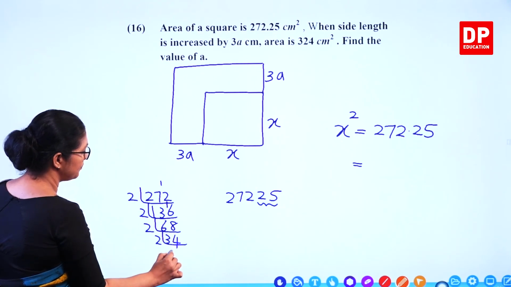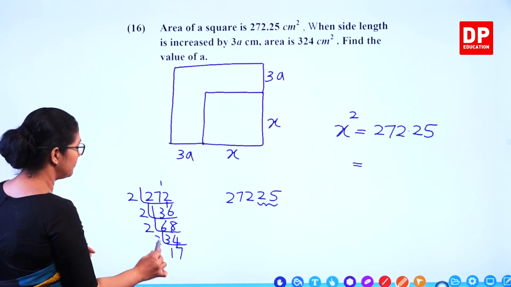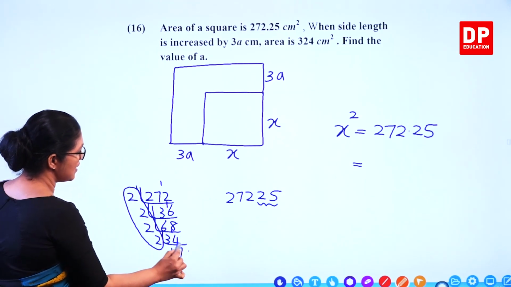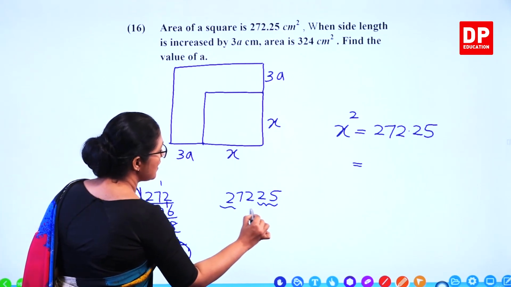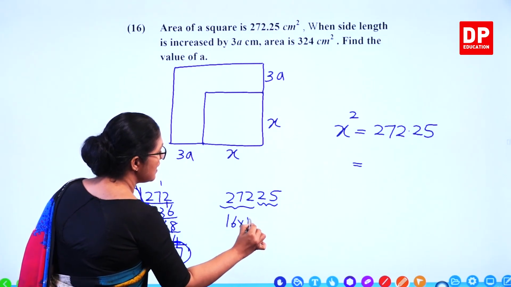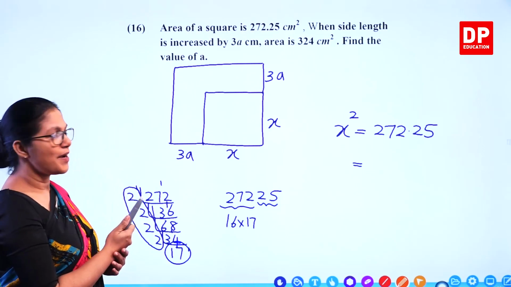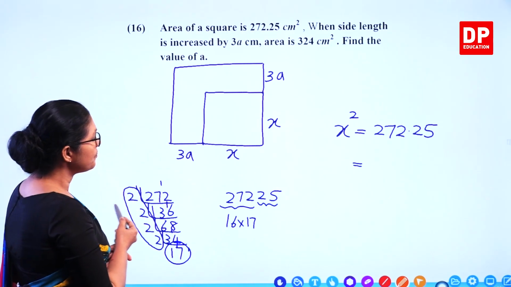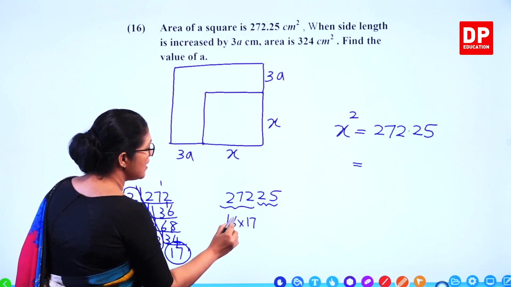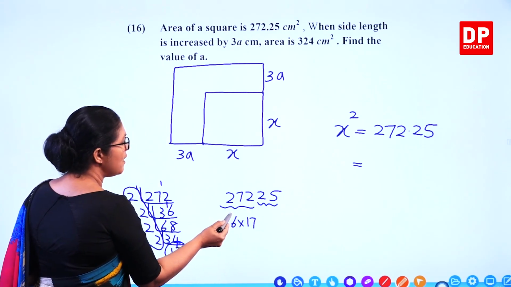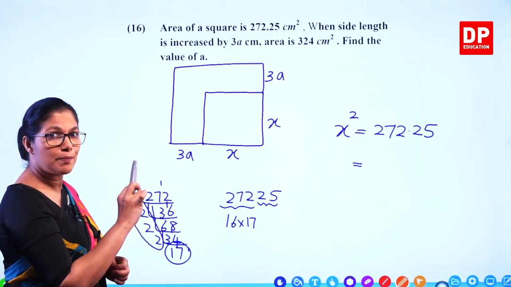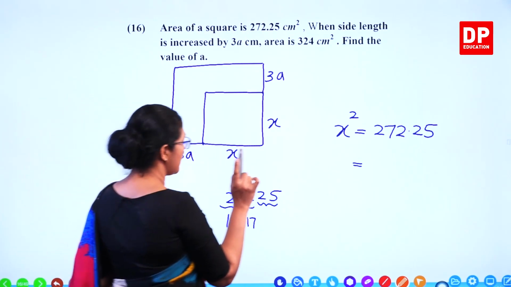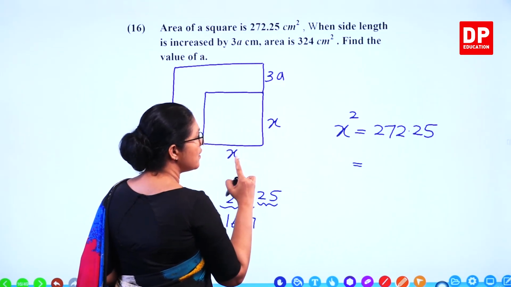Divide and see. Here 16 times 17. You can write this one as 16 times 17. That means what's the square number? 16 squared, because normally we take that number multiplied by the next. So 16 squared.